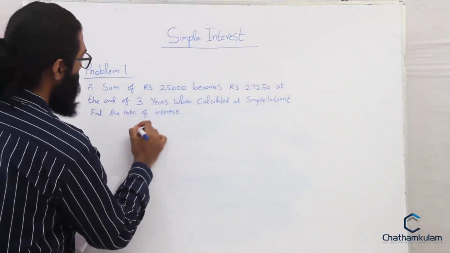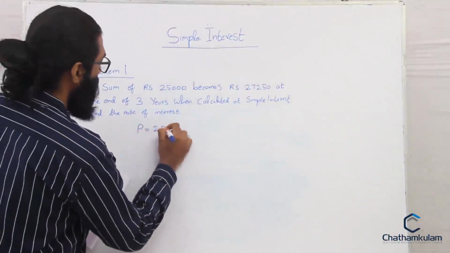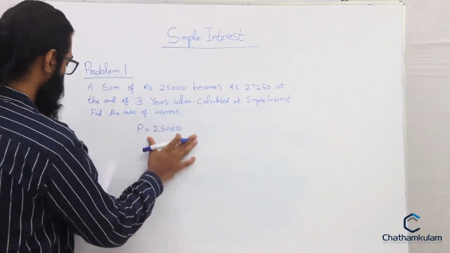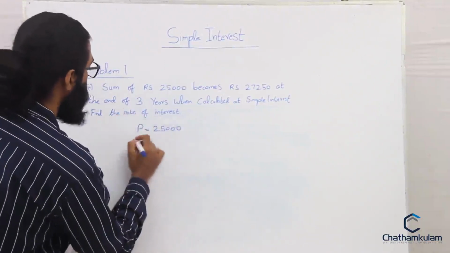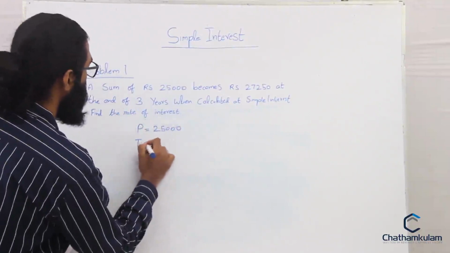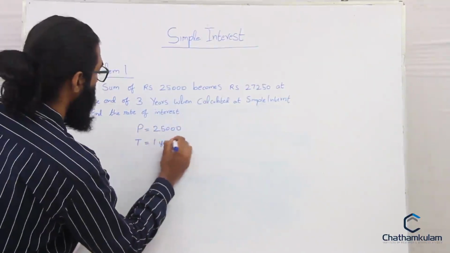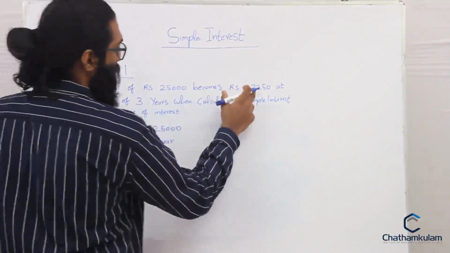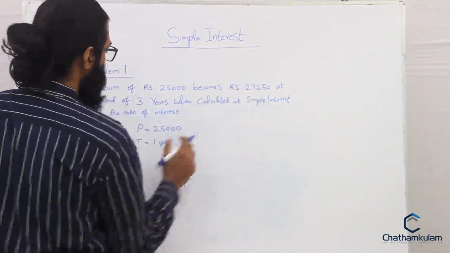So here P will be 25,000. The time period T equals 3 years, and 27,250 is the sum of principal as well as interest.